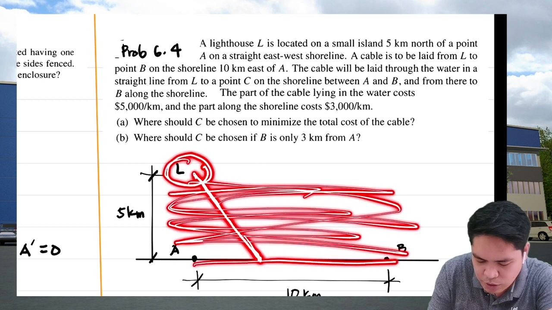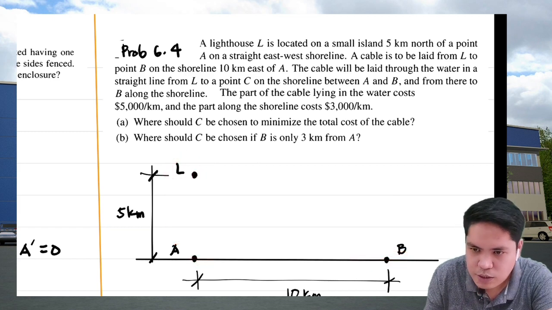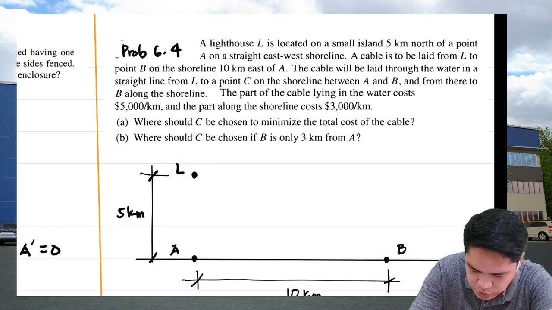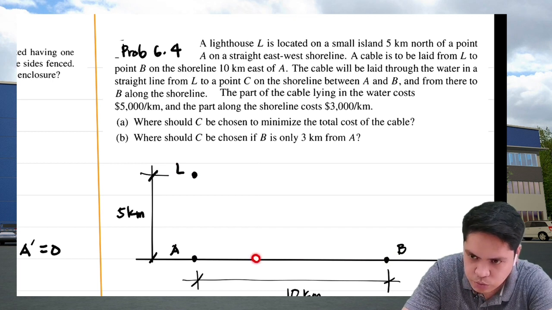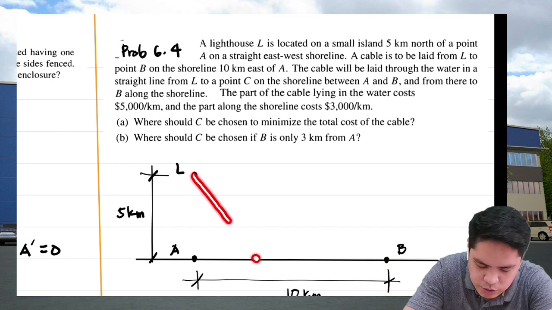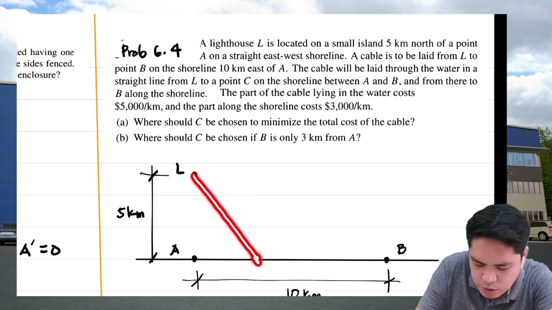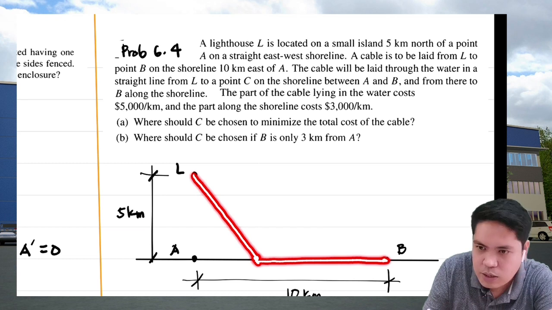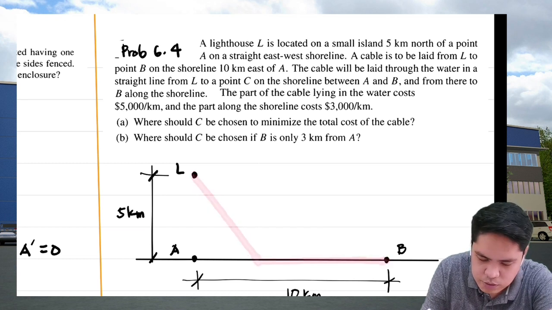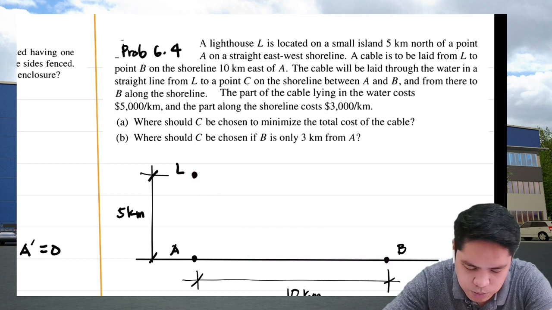Then, eto yung shore natin, yung shoreline. Okay? So, along the shoreline, between A and B, doon tayo kukuha ng point C, then doon natin i-direct yung cable natin on the water. Then from here, doon na natin idugtong siya papunta sa point B. Okay? So that is the situation sa problem na to.